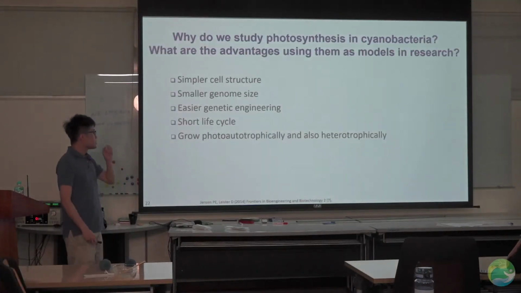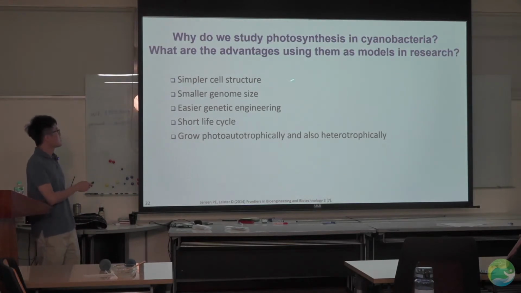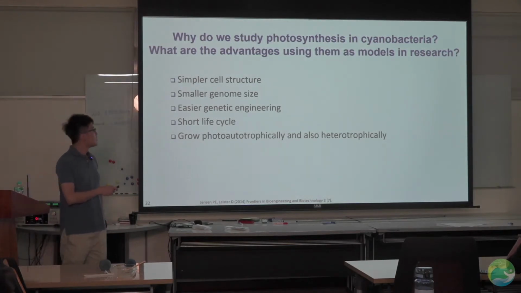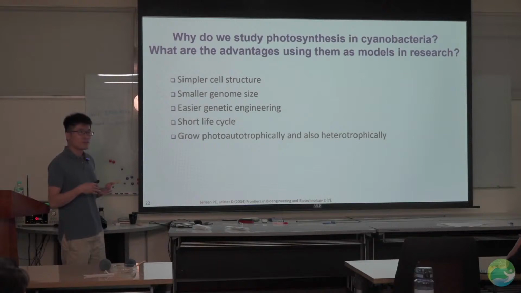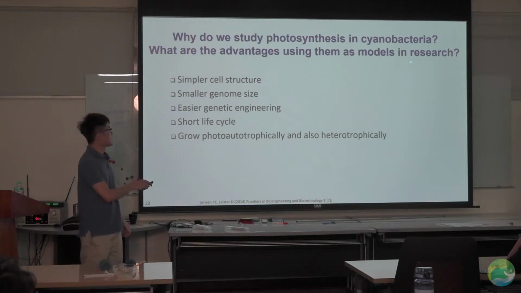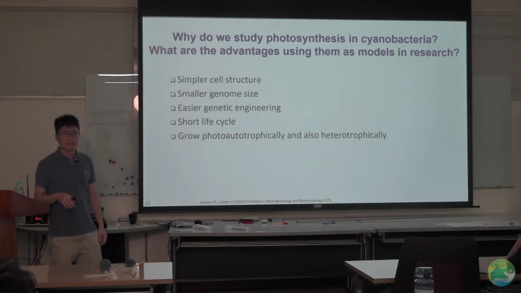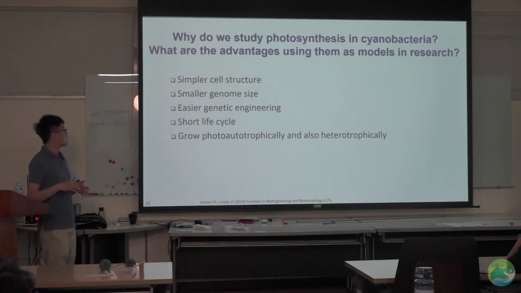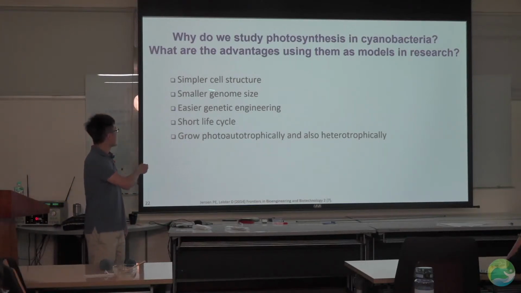So why do we study photosynthesis in cyanobacteria? Some people study that in plants directly, but what's the advantage of doing it in cyanobacteria? Because it's a model organism, its photosynthesis is very similar to plants, and the cell structure is simpler.